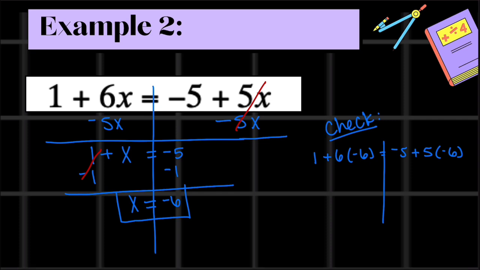So I have 6 times negative 6, which is negative 36. So it would be 1 minus 36. And then negative 5 plus 5 times negative 6, which is negative 30. On the left, 1 minus 36 is negative 35. And on the right side, negative 5 minus 30 is negative 35. Since both sides equal each other, I know that my answer is correct.